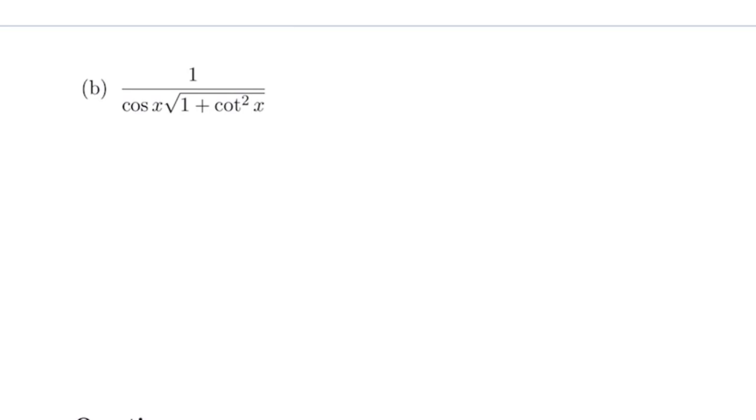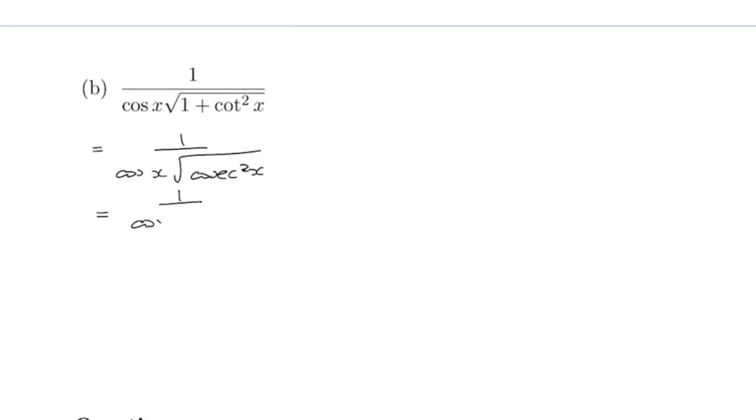Now the next one is 1 over cos x times the square root of 1 plus cot squared x. So on the top we're going to get 1. In the denominator we're going to replace the 1 plus cot squared x by cosec squared x, because that's its replacement. And then of course when you square root a square they cancel each other out.